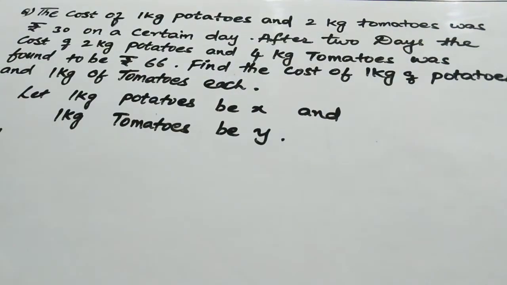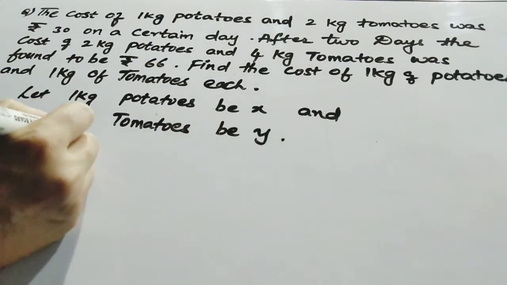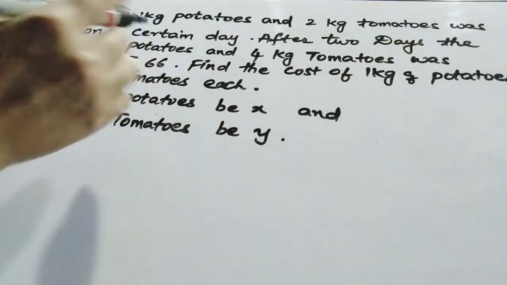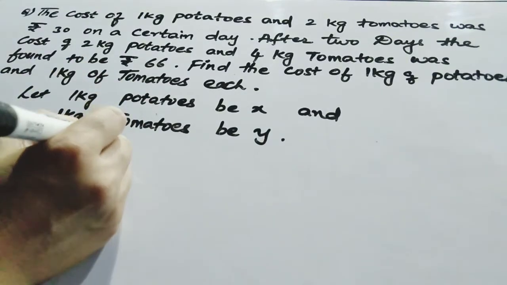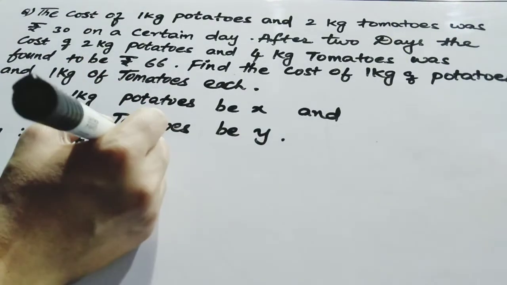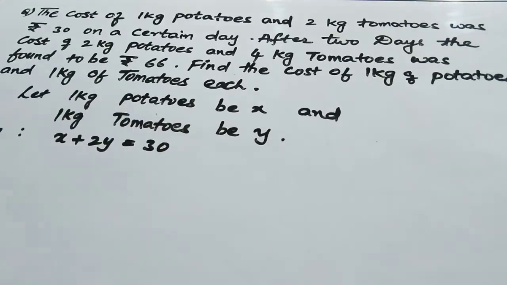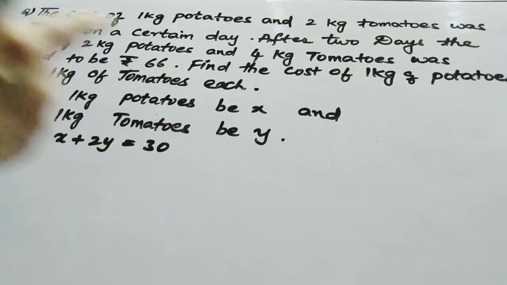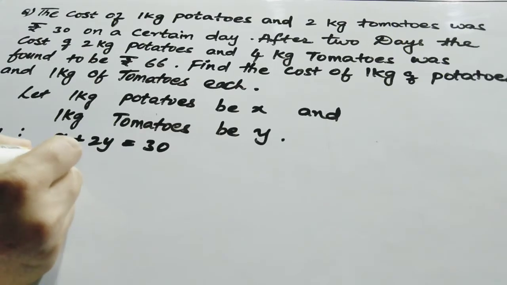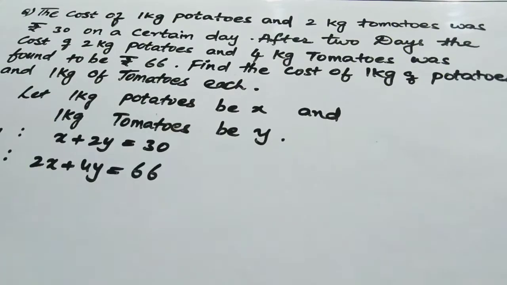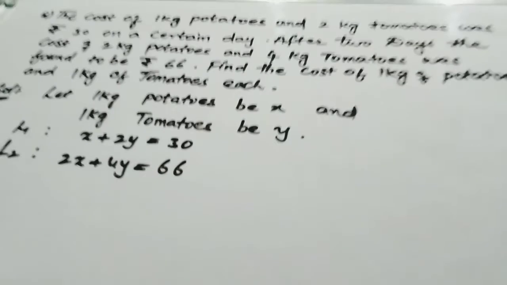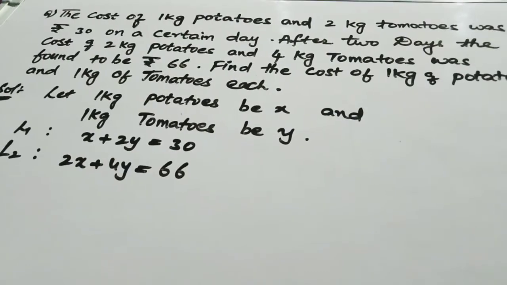What is your first linear equation? 1 kg potatoes is x, tomatoes is y, so x plus 2y is equal to 30 rupees. What is your L2? The cost of 2 kg potatoes and 4 kg tomatoes means 2x plus 4y is equal to 66. So you got two linear equations.